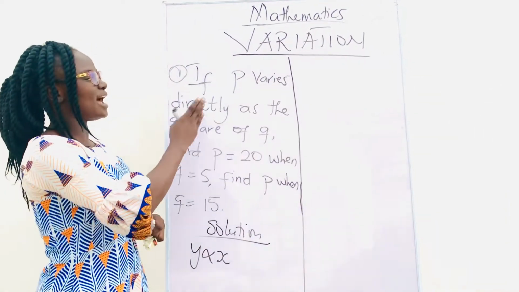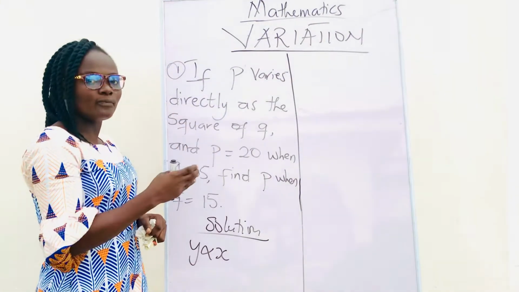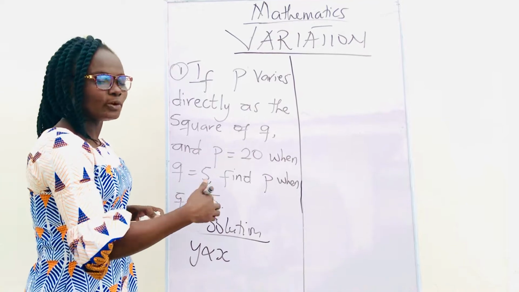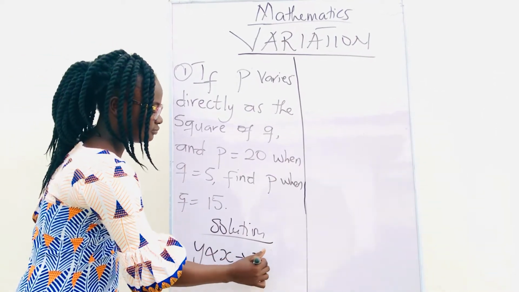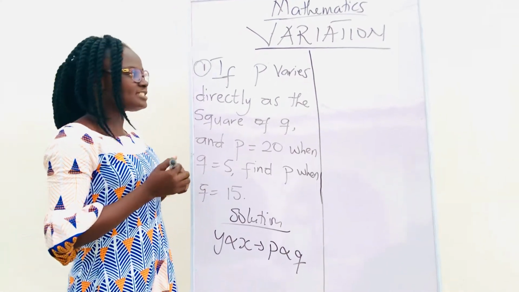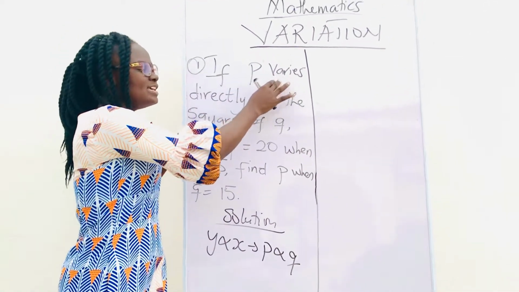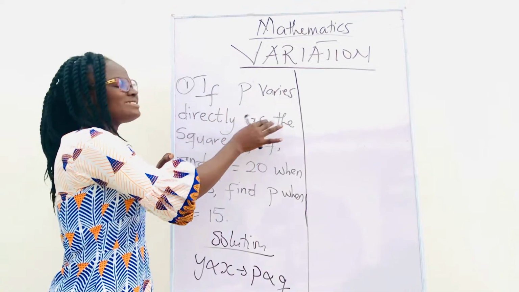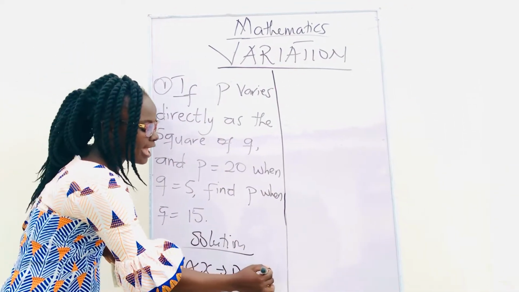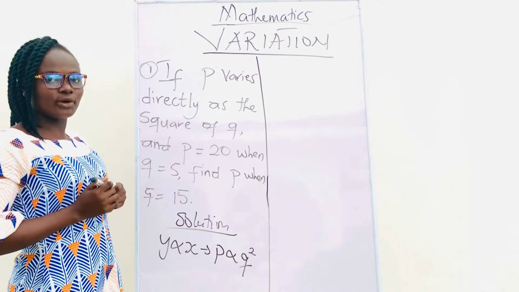In this case, we have p and q. So you change the variables to p and q. And the question again is, p varies directly as the square of q. So you add the square to the q.